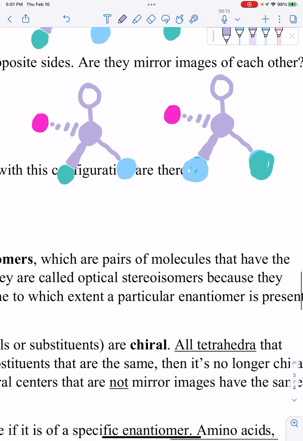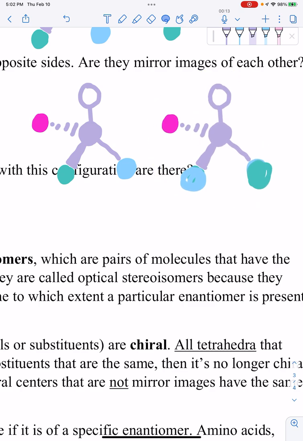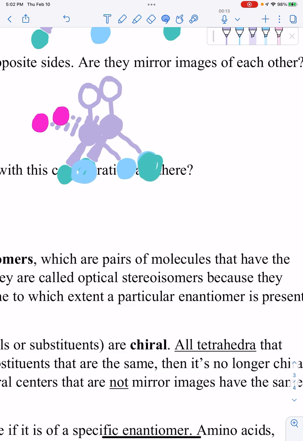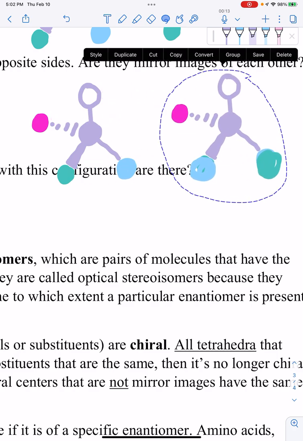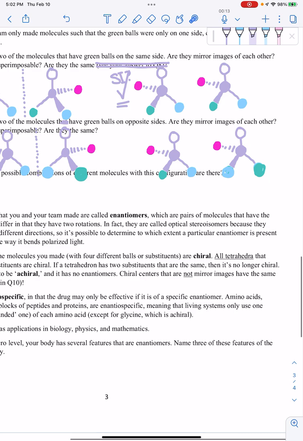But what about, are they superimposable? Can we take this molecule on the left, on the right, and completely overlap it with the one on the left? And we'll find that in contrast to the problem above, we can't, because there's no way to rotate this molecule that would fully overlap the red, the green, the blue, and the green without breaking those bonds.